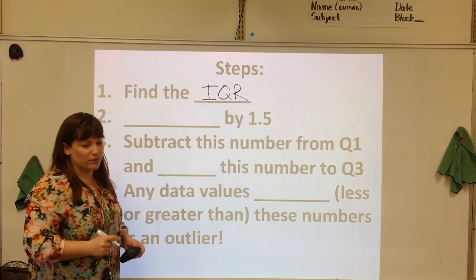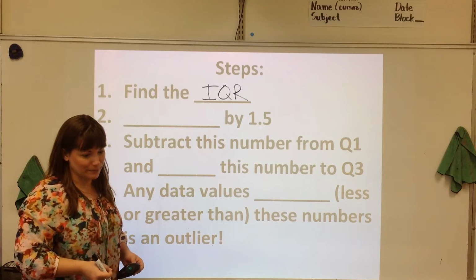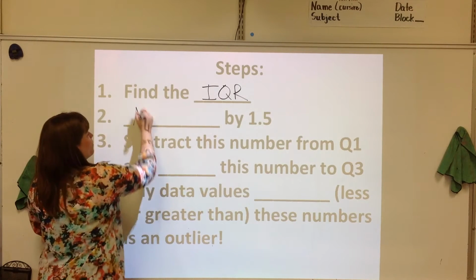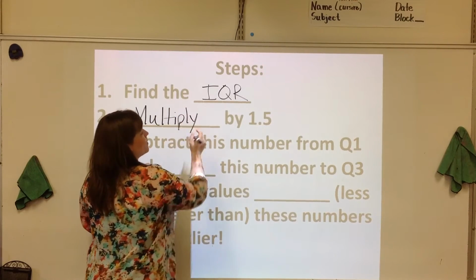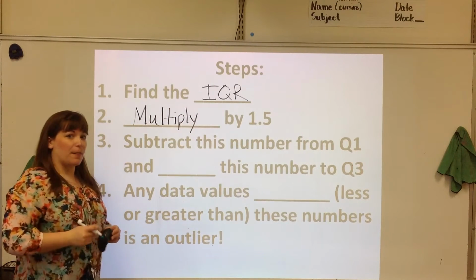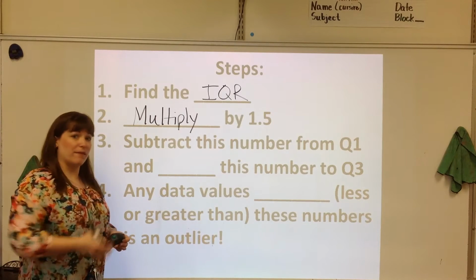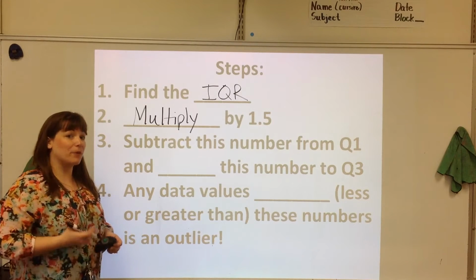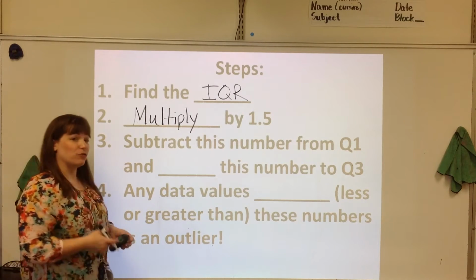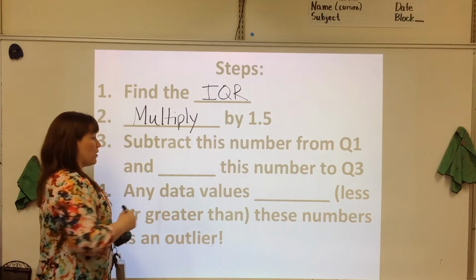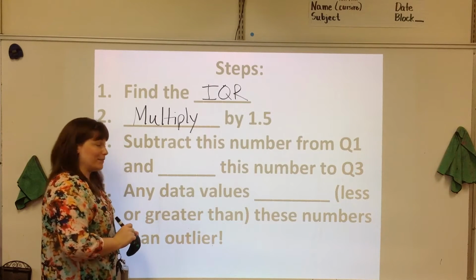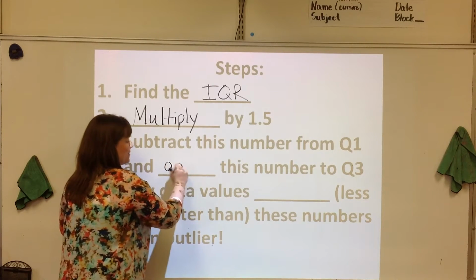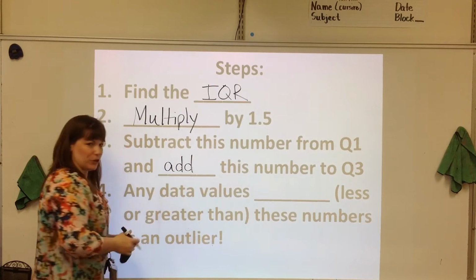Then you have to multiply whatever the IQR is by 1.5. That number, whatever that product is, you're going to have to do 2 things with it. You have to subtract that number from Q1 and add the number to Q3.